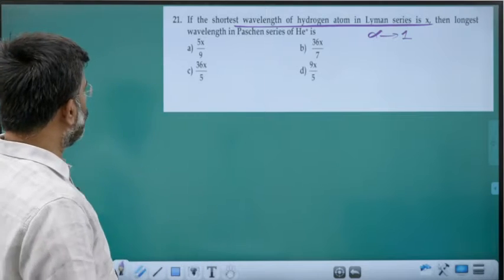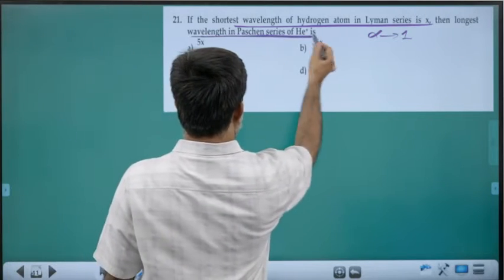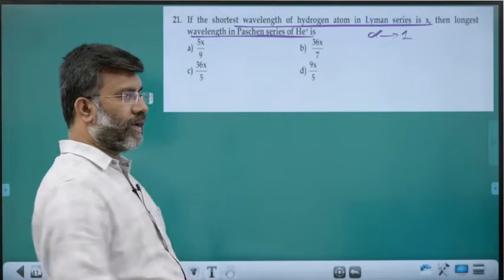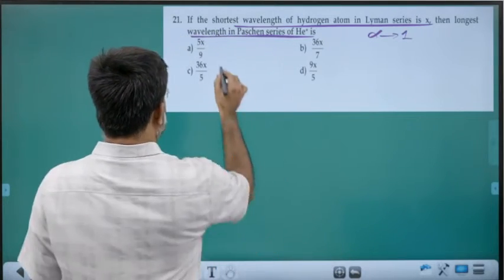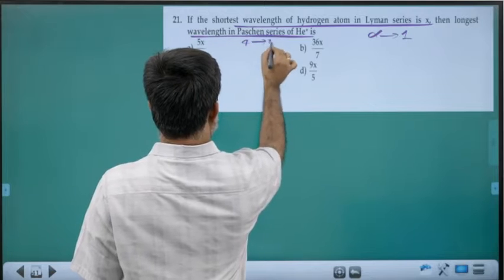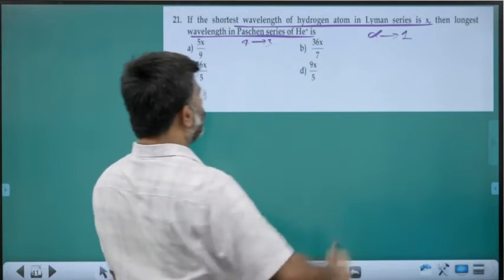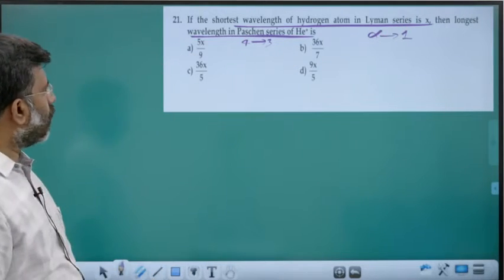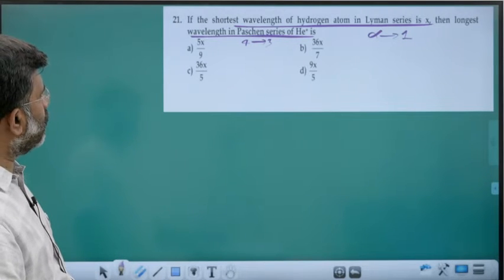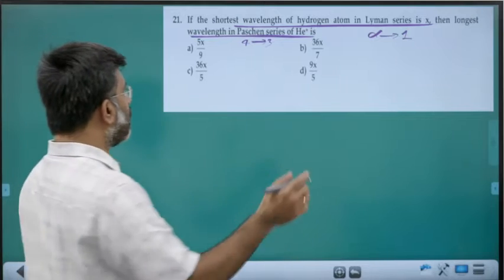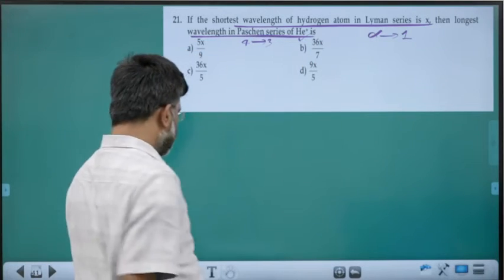Then the longest wavelength in Paschen series of helium plus. Longest wavelength means minimum frequency, that means 4 to 3. So what is asked is 4 to 3, and what is given is infinity to 1.